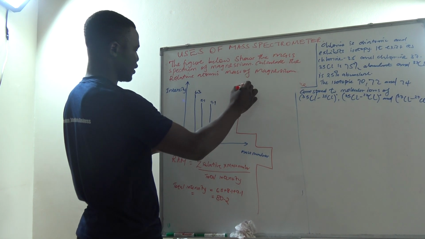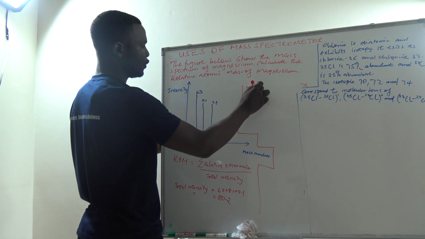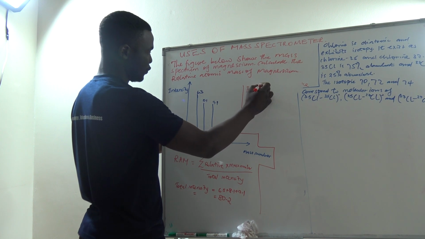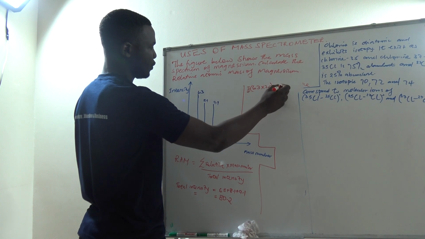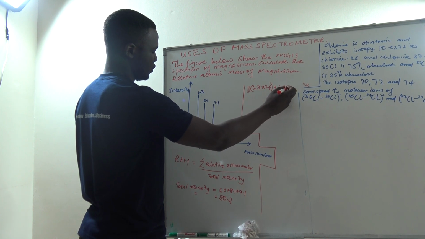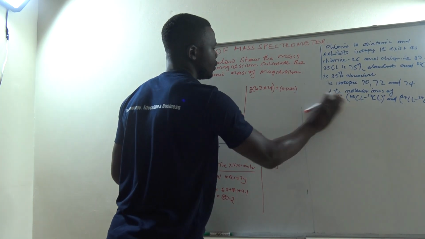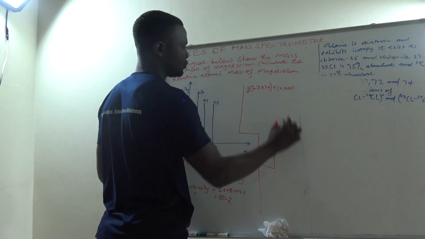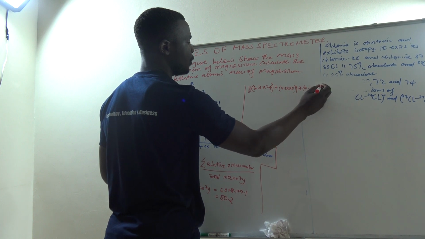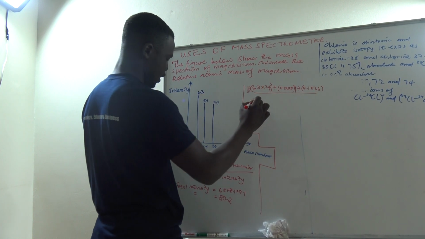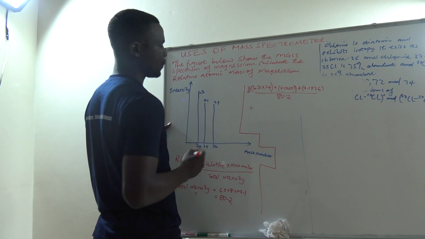The summation will be 63 times 24, plus 8.1 times 25, plus 9.1 times 26, divided by 80.2.